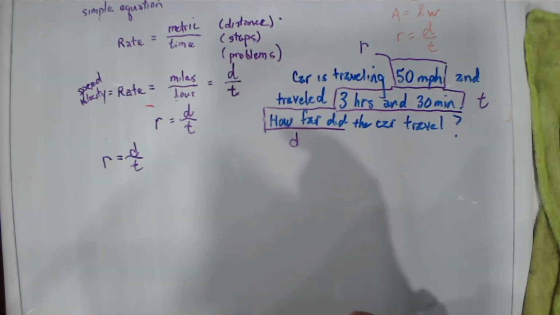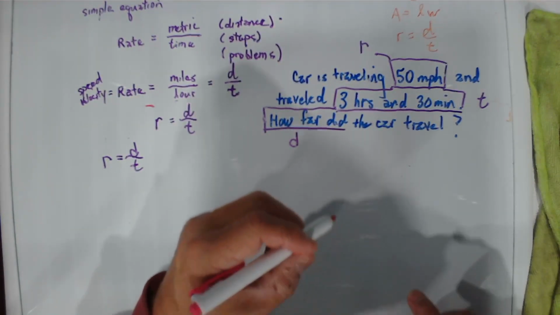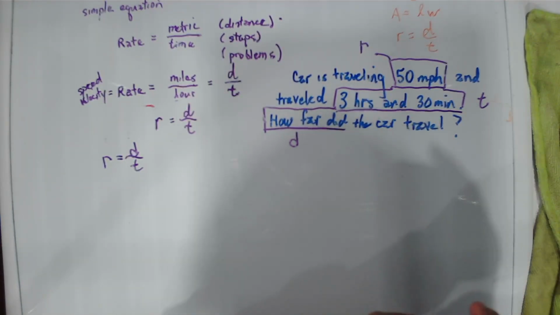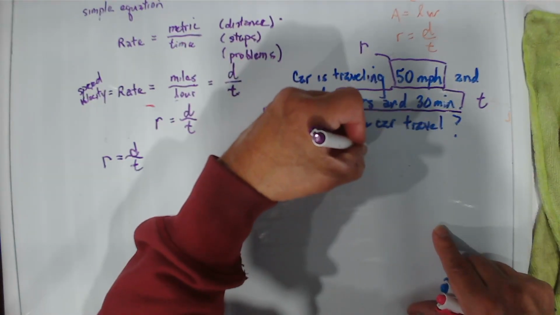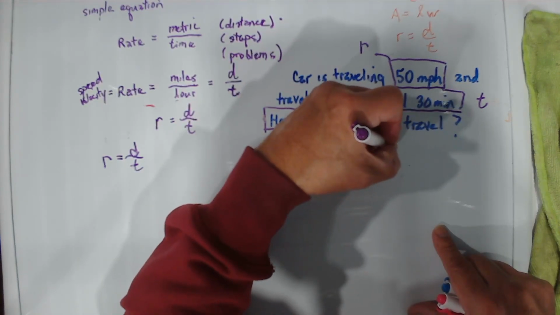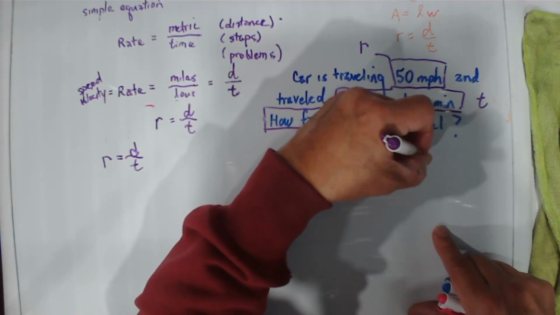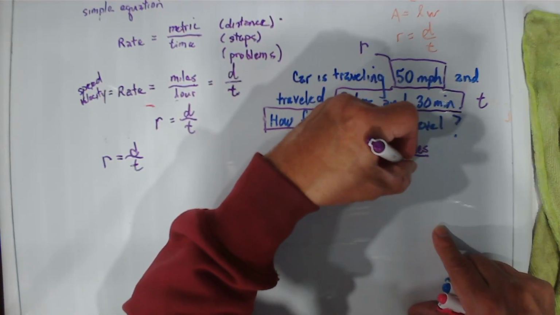And let's find out what we know. I'm going to write down over here R is equal to 50 miles per hour.